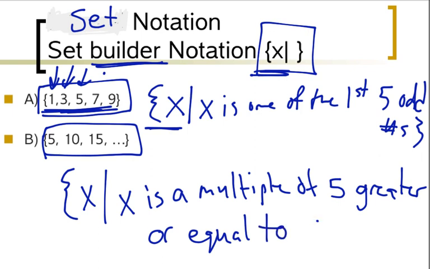And I added the last part because I just want to stray away from all the negatives, and I don't want people to get confused about 1. So I'm saying x such that x is a multiple of 5 greater than or equal to 5. So that's how you go from set notation to set builder notation.